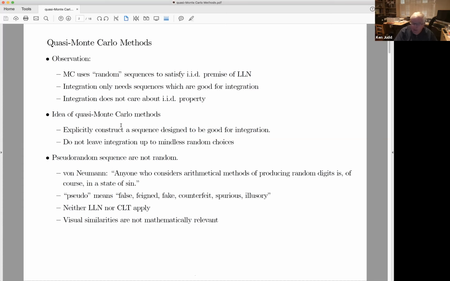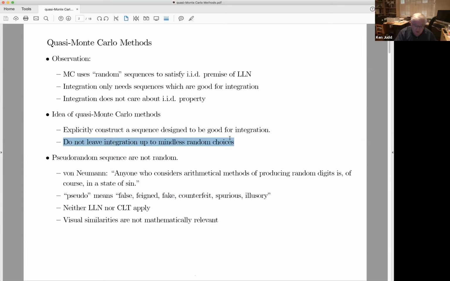Now, the idea of quasi-Monte Carlo methods is to explicitly construct a sequence that's designed to be good for integration. But this is going to take some thinking, some serious math. But you figure that the human mind should be able to do better than mindless random choices.